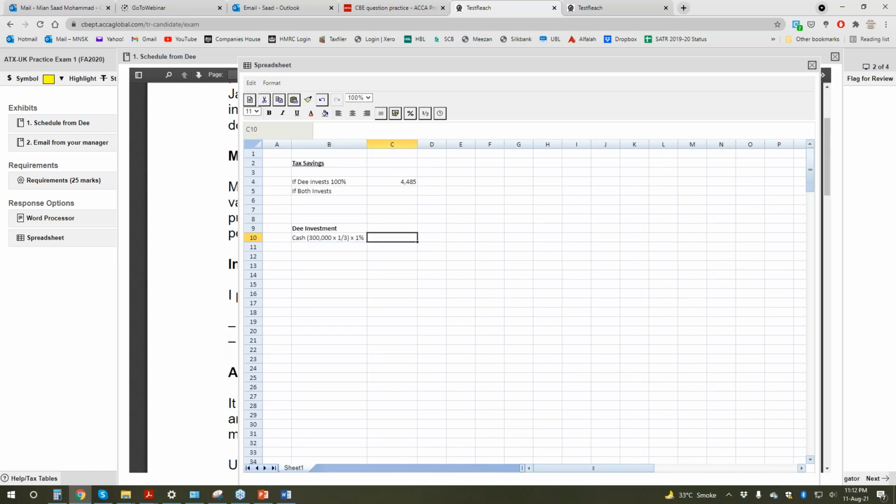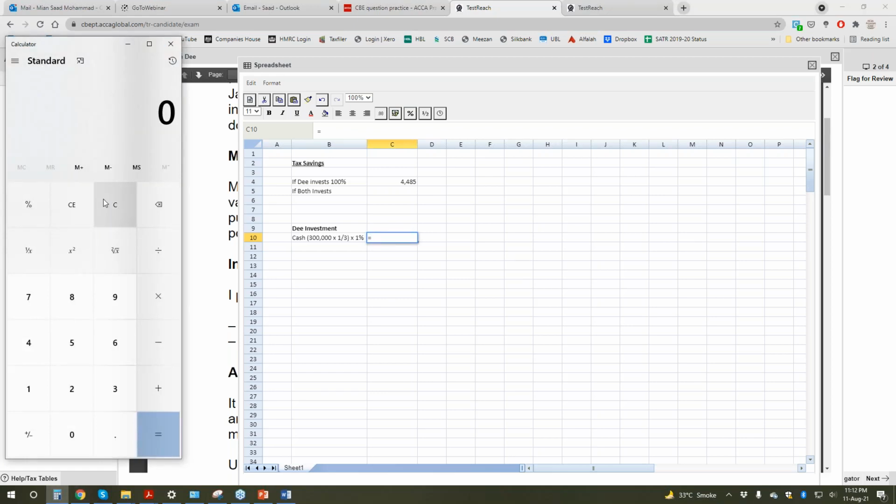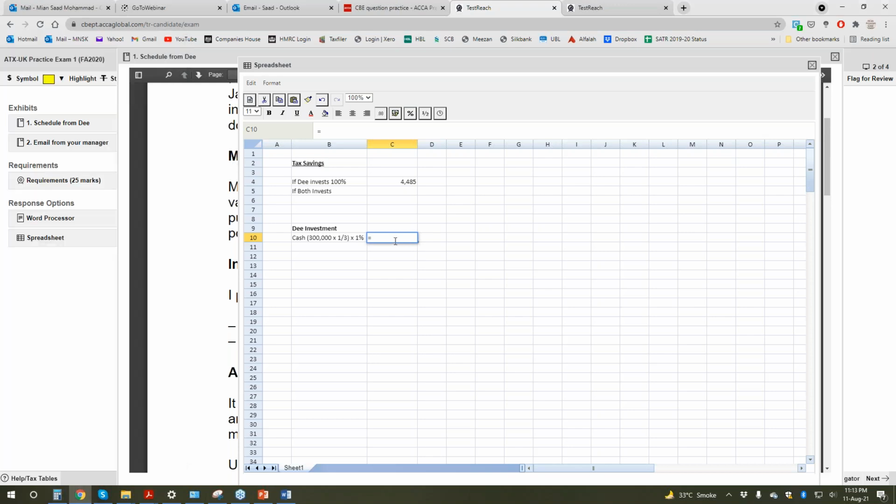So let's quickly see what one third of 300,000 is. Obviously it will be 100,000, and if we multiply it by 1%, it's 1,000. So our answer will be 1,000, or what we can do is apply the formula here. 1,000. That is the return on the cash investment.